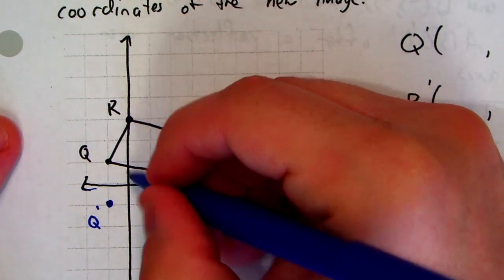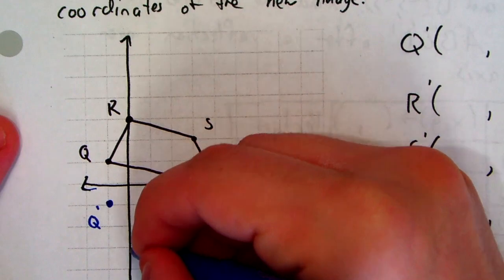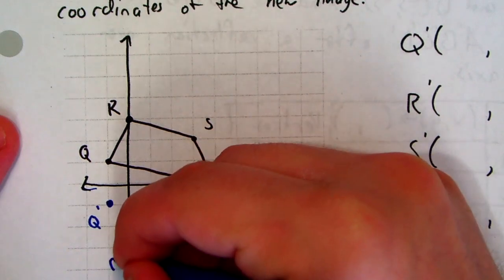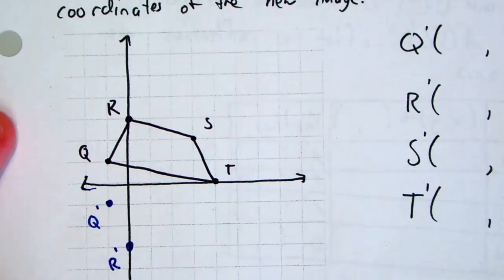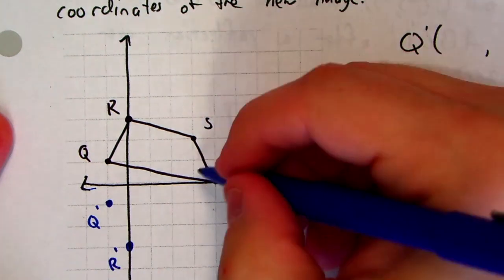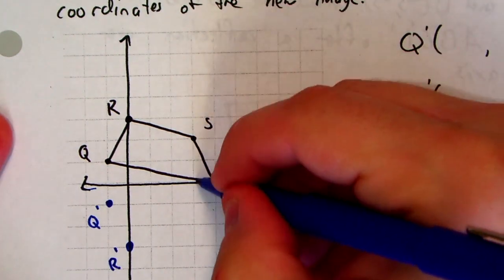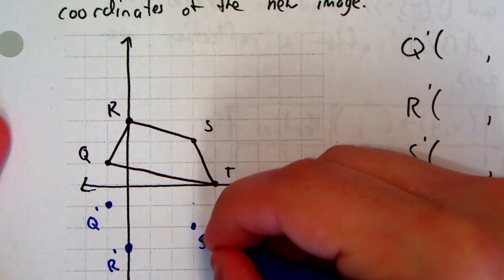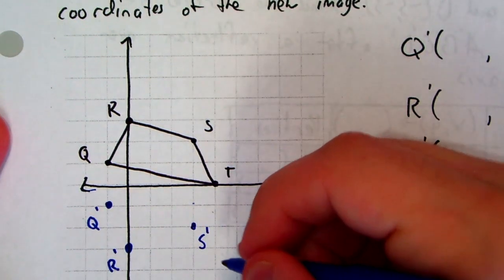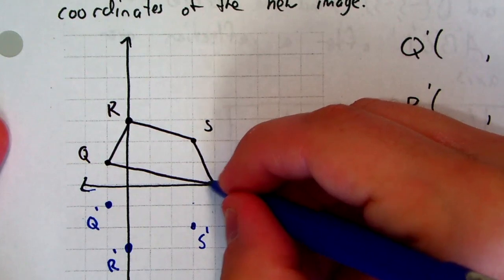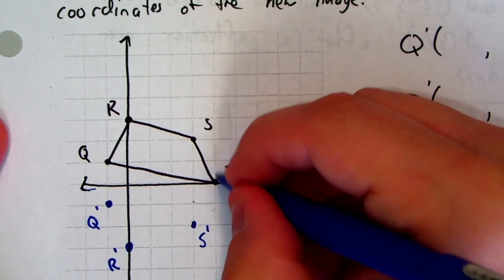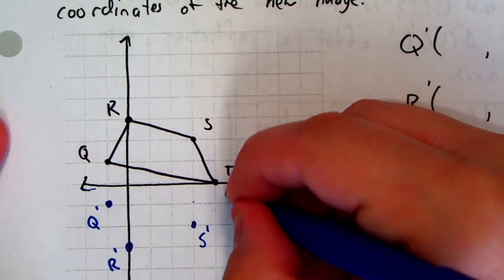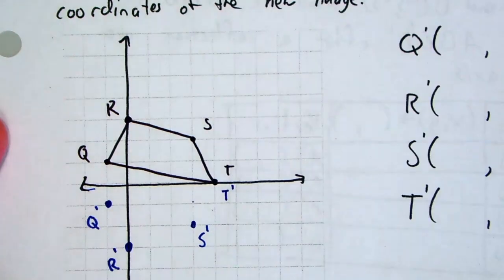R is up 3, so R prime is going to be down 1, 2, 3. So here's R prime. S is up 2, so S prime is going to be down 1 and 2, so here's S prime. And T is directly on the x-axis, so it's not up or down, so we're just going to leave it here, so that's going to be called T prime as well.